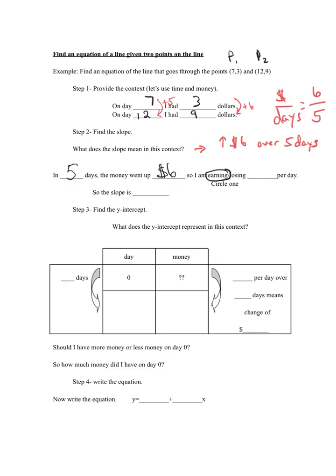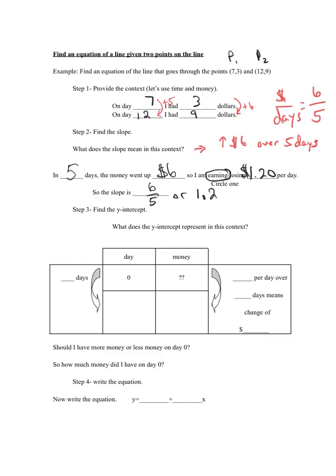So that means you're earning, what would that be per day then? 6 over 5. Well, I think money makes sense kind of as a decimal. So we could think of this as up $6 over 5 days, or if I just divide 6 over 5, you get 1.2 or $1.20 per day. That makes sense for the decimal. So the slope would either be 6/5 or 1.2. You could use either one of those in this case.